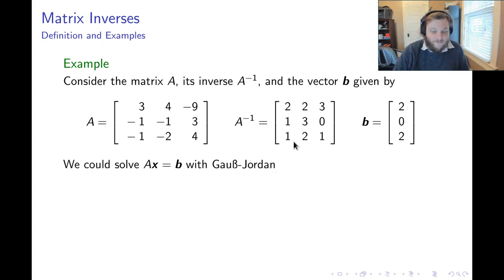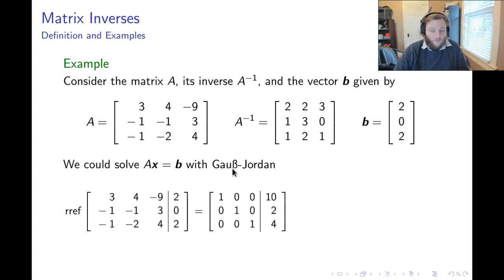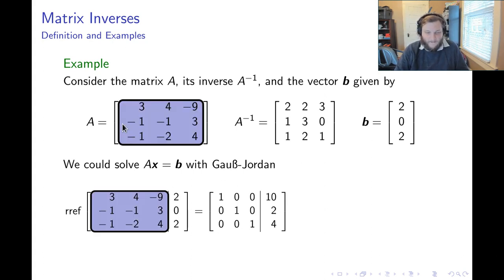Now, if you want to, you could solve the system AX equals B using the Gauss-Jordan algorithm. Remember how to do this. We take the original coefficient matrix A, we augment with the vector in question B, we do the row reductions, and we end up with a result. What we're finding here when we row reduce is that we get a consistent system with one solution.